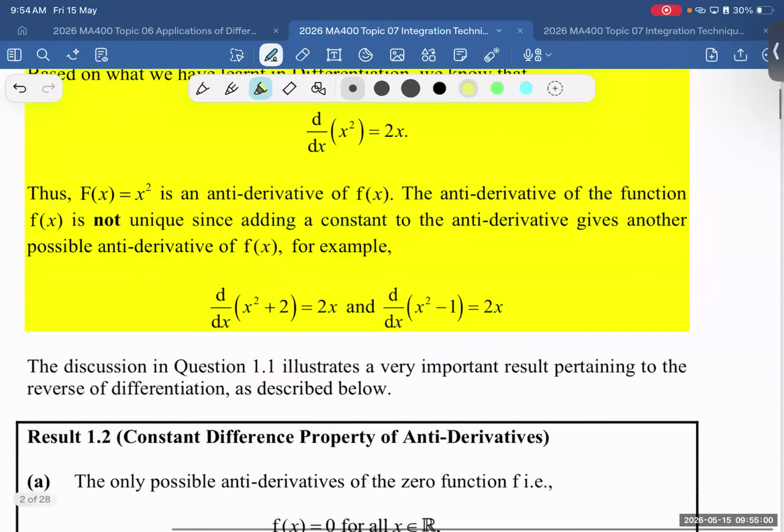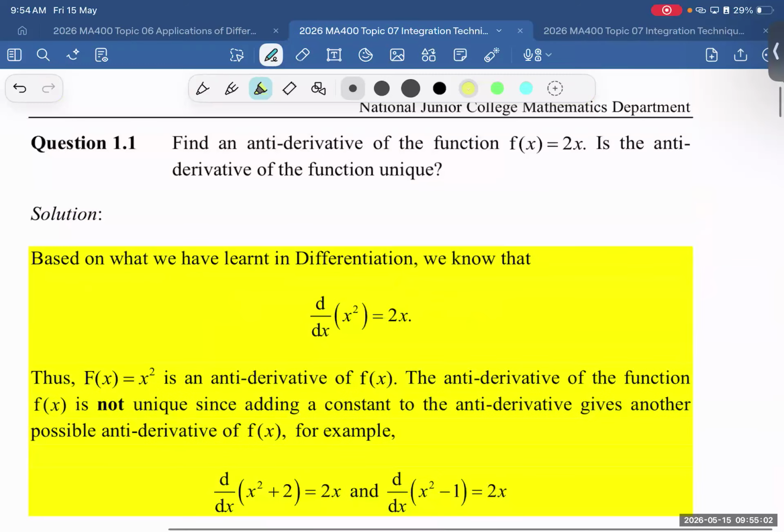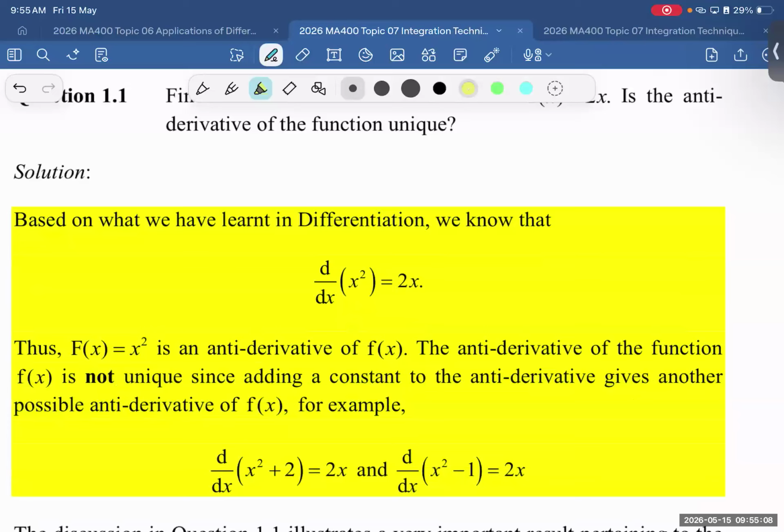Just get the idea and summarize it and write it down. Just know that the antiderivative is not unique. These are the most important.